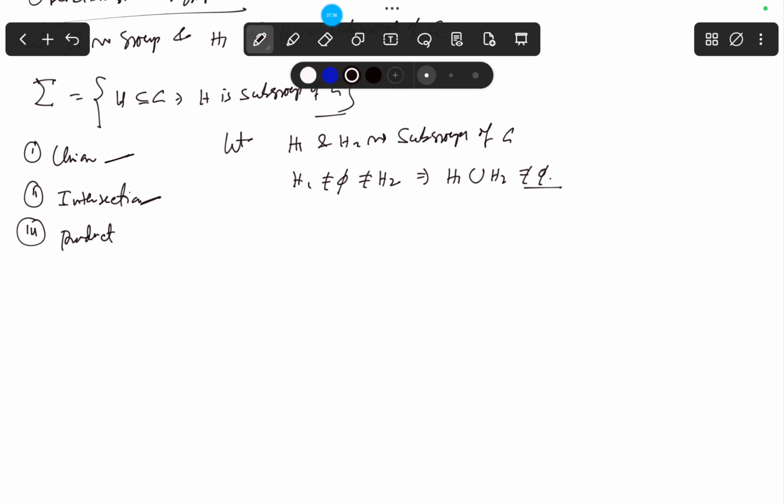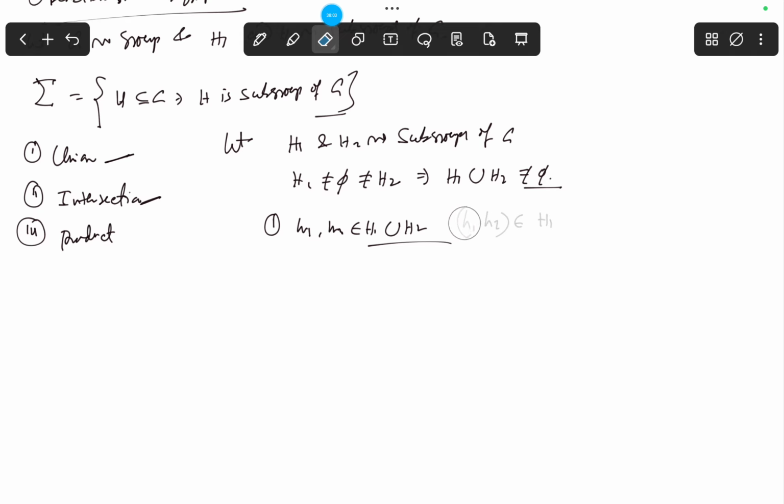Now let us take small h1 comma small h2 belongs to H1 union H2. Then h1 times h2 has to be there in the union.